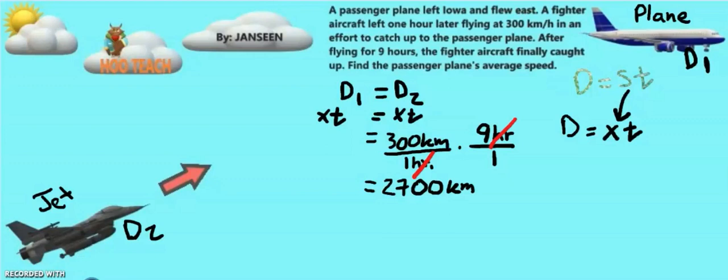Now let's go to D1. D1 is the plane, and we don't know the speed, which is what the passage is wanting you to find: the passenger plane's average speed. In this case, we're calling it plane, okay? So we don't know the plane speed, but we do know the time, right? Let's write that here.